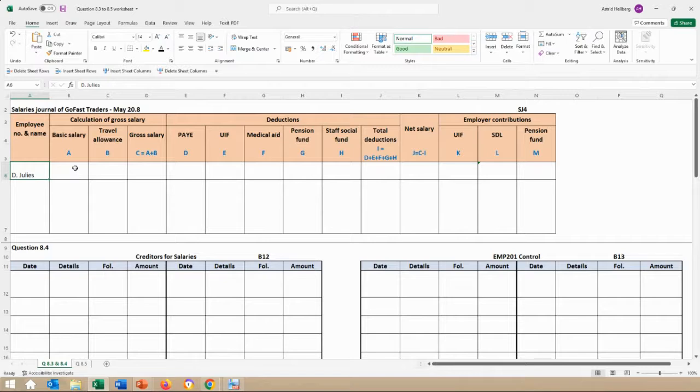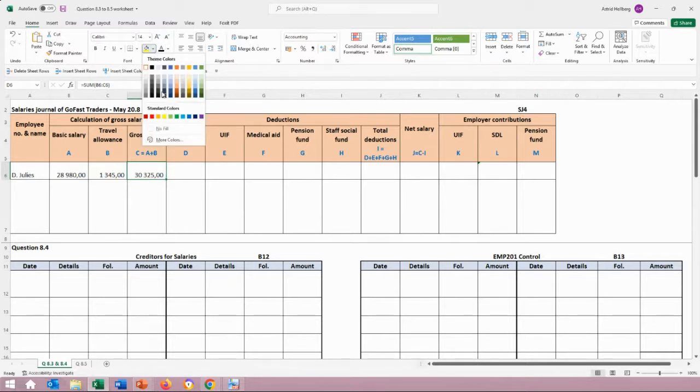Our basic salary based on the question was 28,980 Rand, and for the travel allowance he received 1,345 Rand. Now to get to your gross salary, we add these two, which gives you an amount of 30,325. Okay, so let's just highlight that, make that yellow. I'll show you later why.